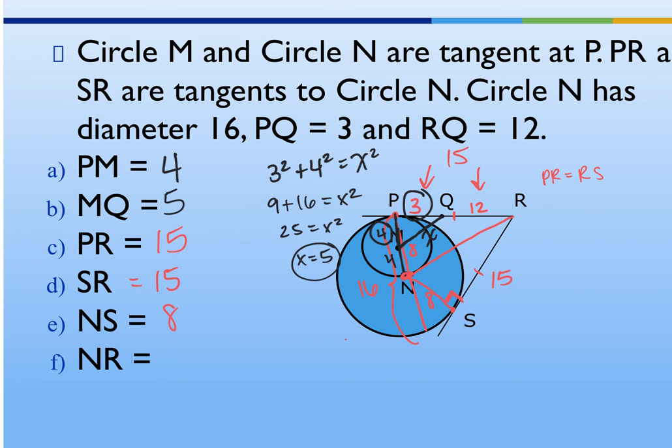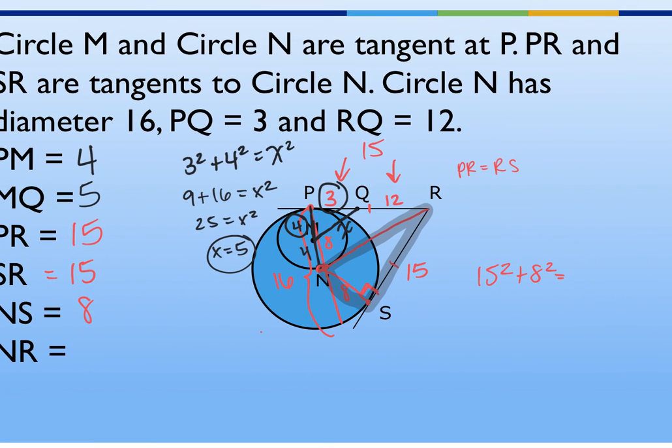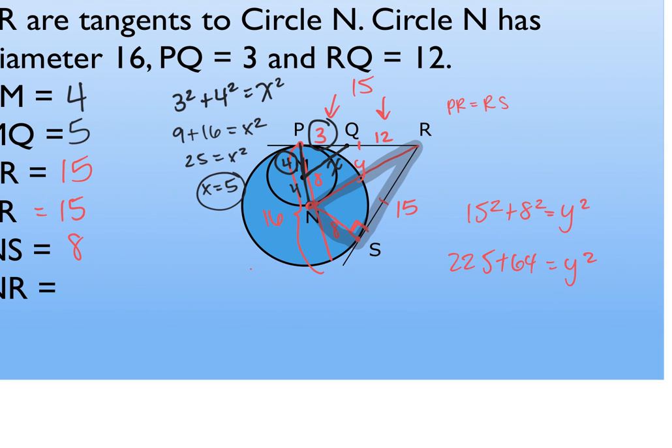We've got NRS as a right triangle, so we have to use the Pythagorean theorem. We would get 15 squared plus 8 squared equals, you can label this y squared. 225 plus 64 equals y squared. And this is also a nice clean Pythagorean triple. 289 equals y squared. Take the square root and you get y equals 17.